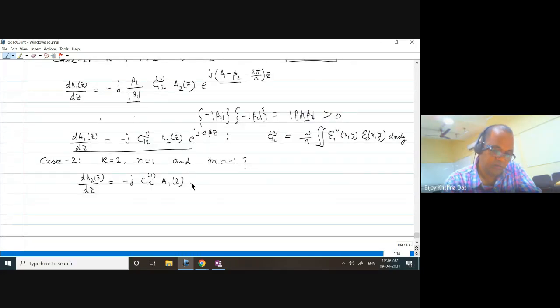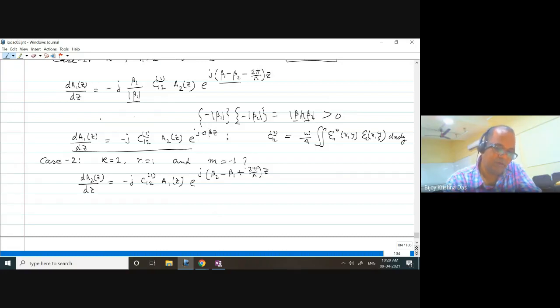So in that case, I'll be writing here e to the power j, and beta k means beta 2 now, and beta n means beta 1, and minus m, instead of minus m I will be writing plus 1, since minus m equal to minus 1, so this will be plus, so 2 pi by lambda times z, right?